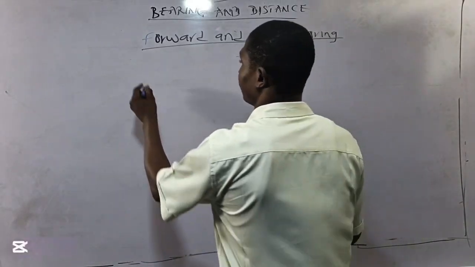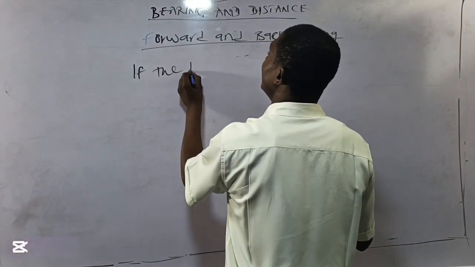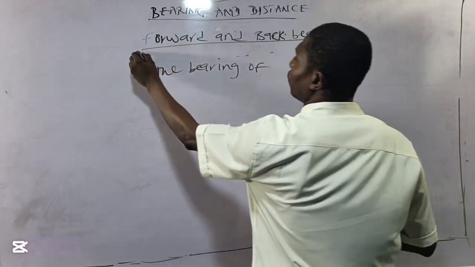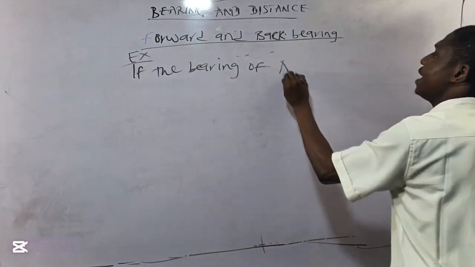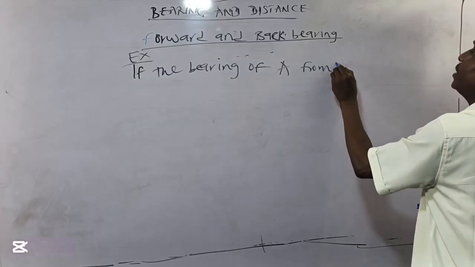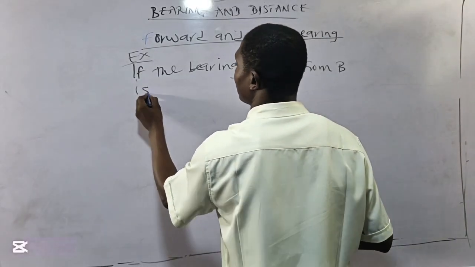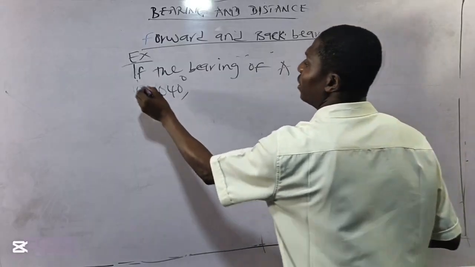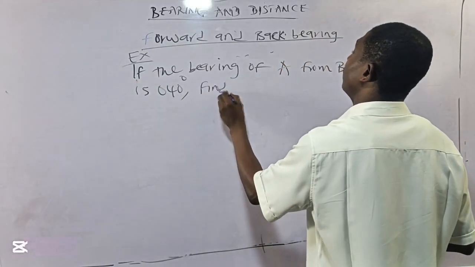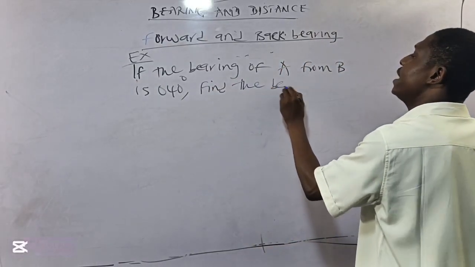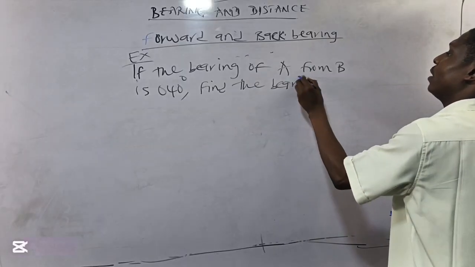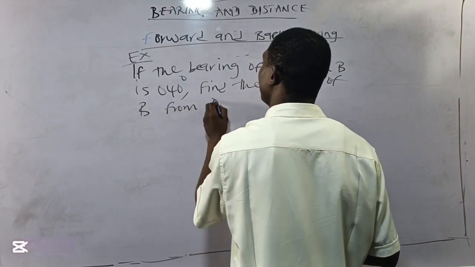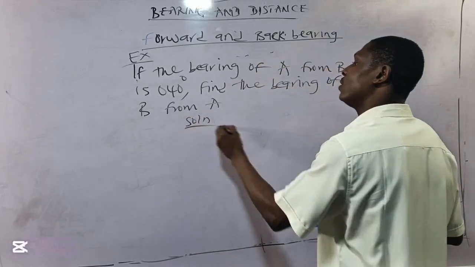Now, if the bearing of A from B is 40 degrees, find the bearing of B from A. Solution.